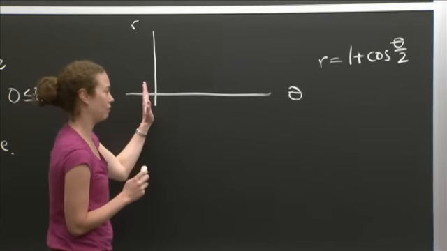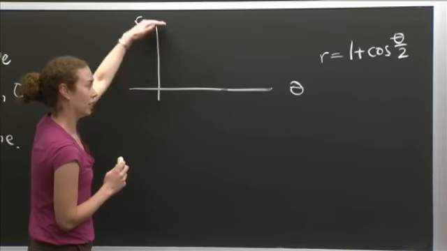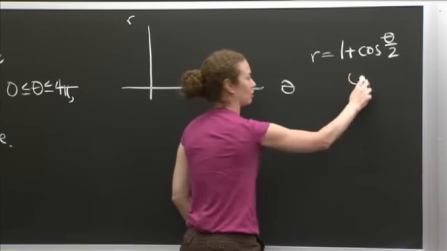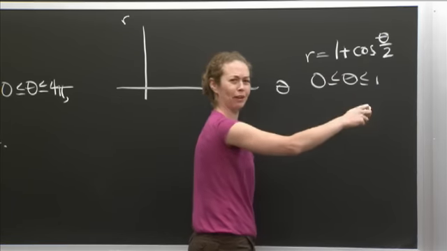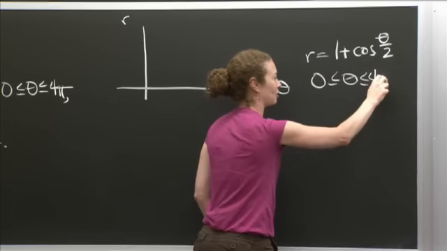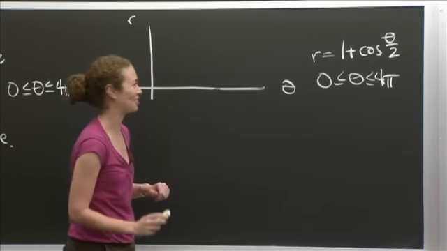But now I'm letting theta vary in this direction, and r is varying in this direction. And my theta, I said, was between 0 and, sorry, not pi over 4, 4 pi. Pi over 4 would be a very small component of this that I'm interested in.